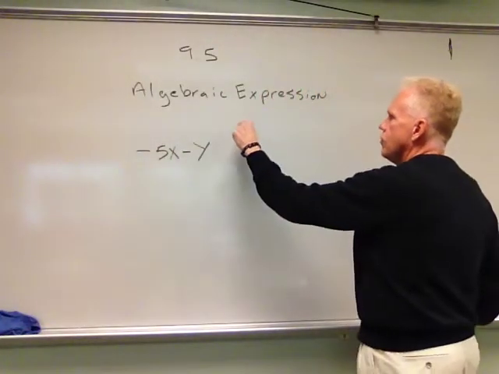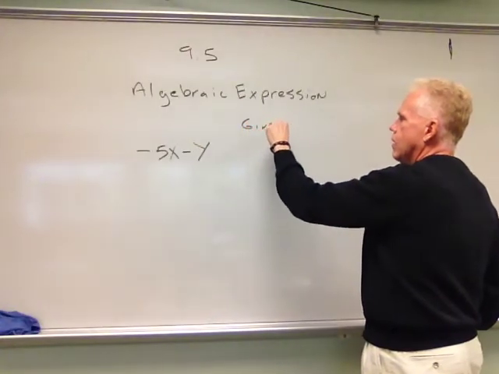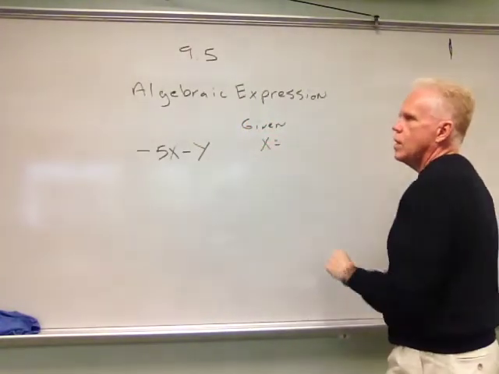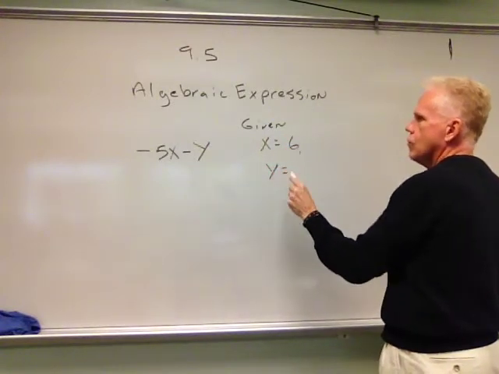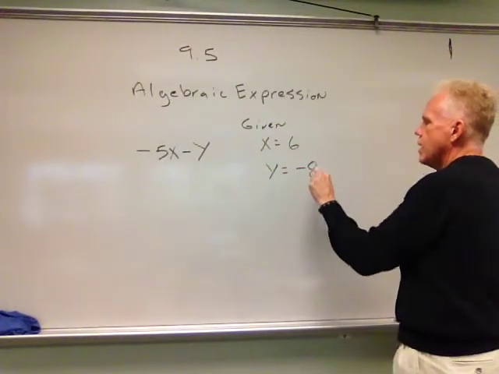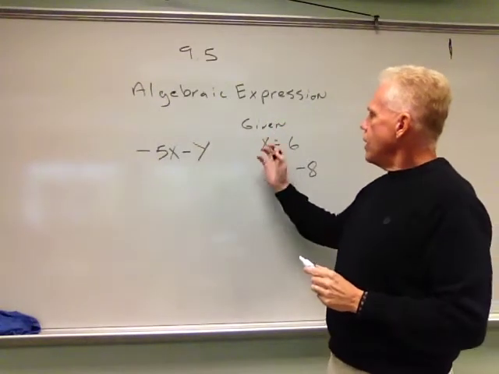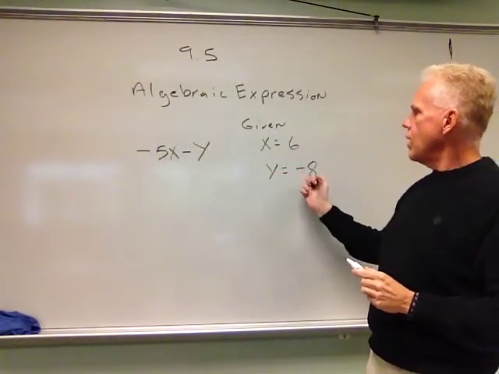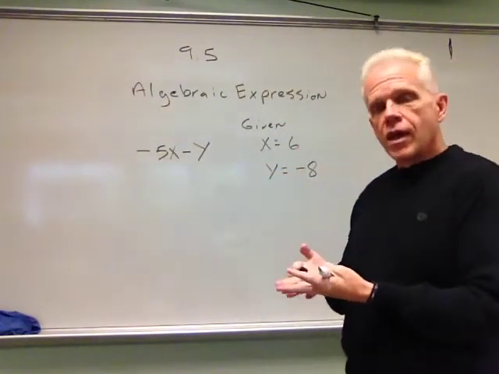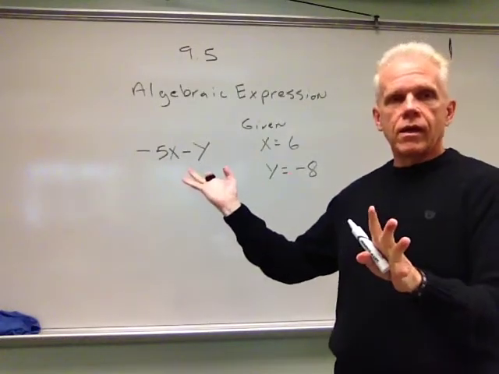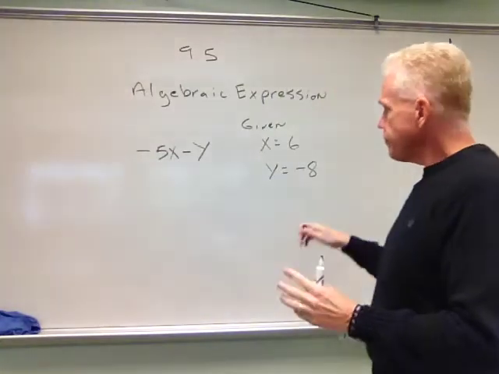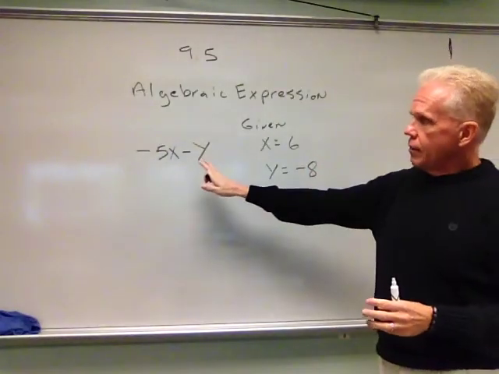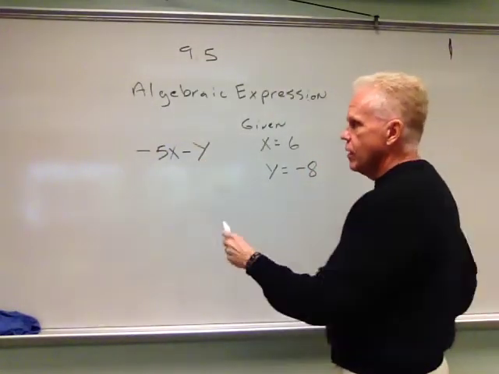So let's suppose we said given x equal, let's say, 6 and y equal, let's say, -8. Given that x equals 6, y equals -8, and for our purposes now, we could let x or y equal anything at this stage because they're just variables, okay? So given that, let's evaluate the expression.